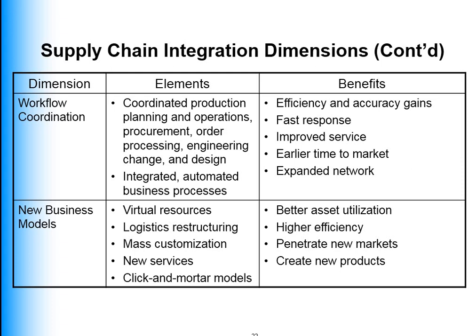So from production A, B, C, and D, they can have the timeline of when it can be the actual product. The benefits: efficiency and accuracy gains, fast response, improved services, earlier time to market, expanded network.